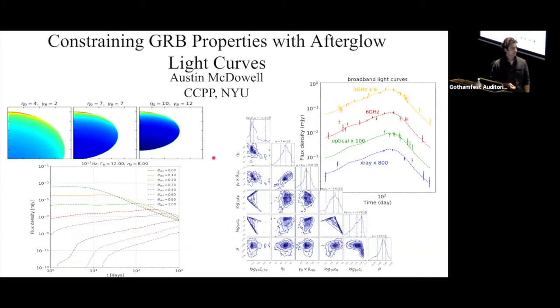That's what's shown over here. We can use MCMC to find the best fit for our data and constrain the model parameters. Some of those parameters are the energy of the gamma ray burst, the density of the surrounding medium, and the angle that we're seeing this thing at.